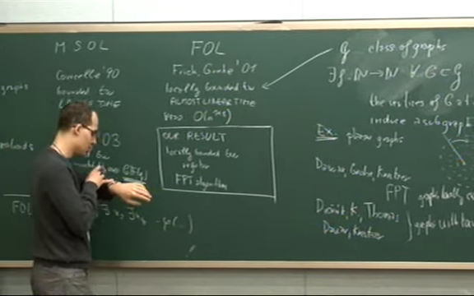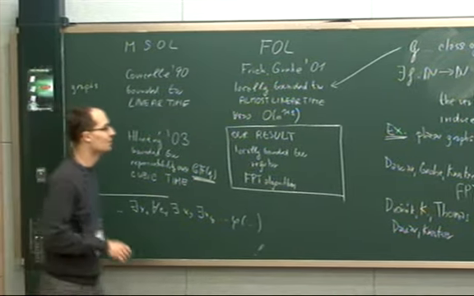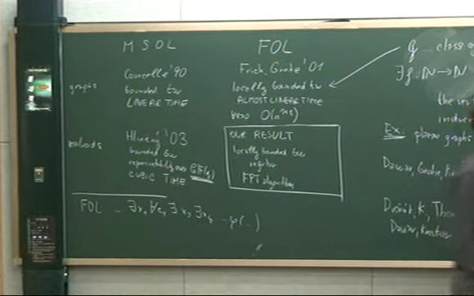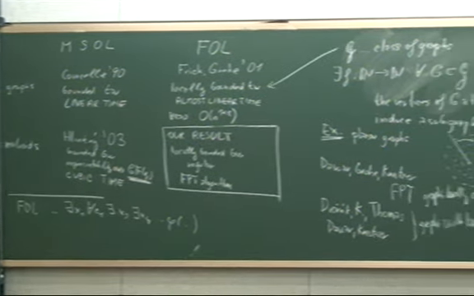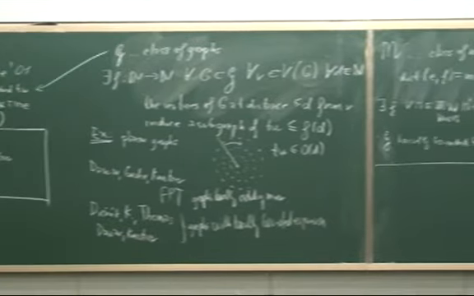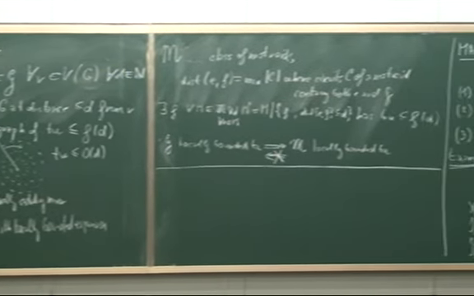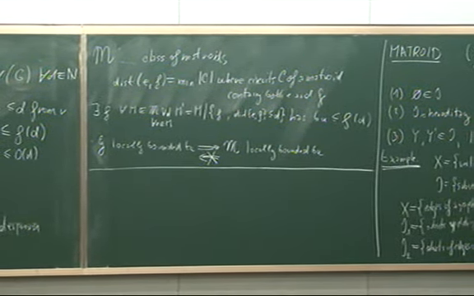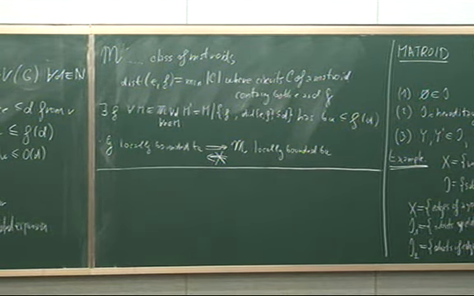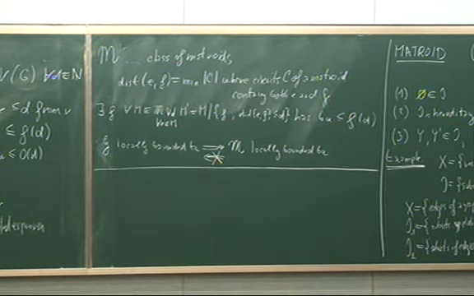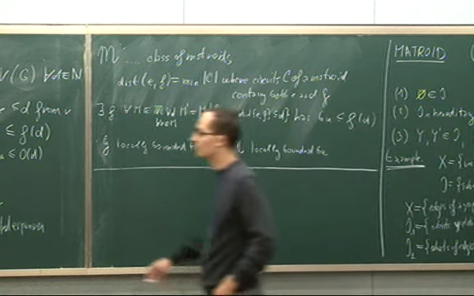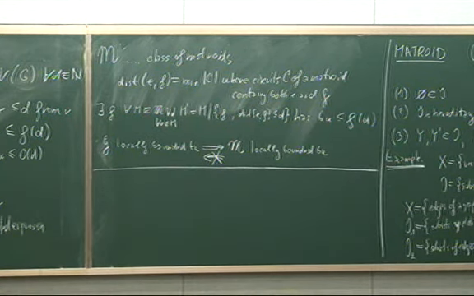So in the remaining five minutes, I want to say a few words about how we proved it, or what are the hard things that we have to cope with. Surprisingly, the hard thing was not to design the FPT algorithm, that was somewhat easy.